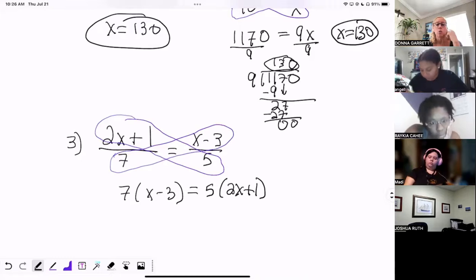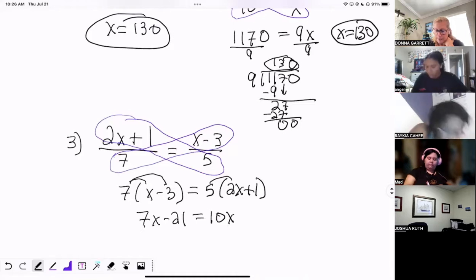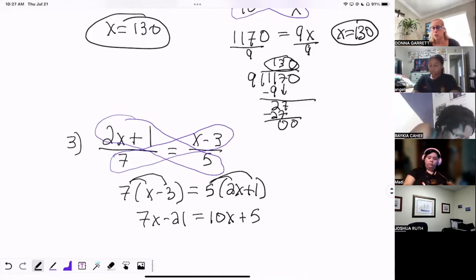And now we're going to do algebra. So we're going to distribute: 7x, distribute minus 21 equals, distribute the other side, 10x, distribute plus 5. And then I'm going to pause here just to see if you guys are okay, having questions on what I've done so far.